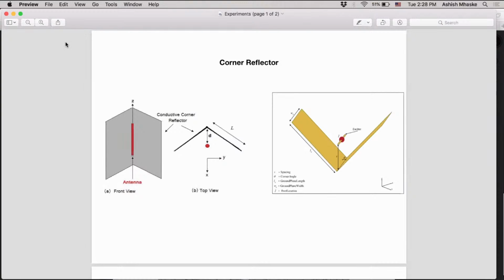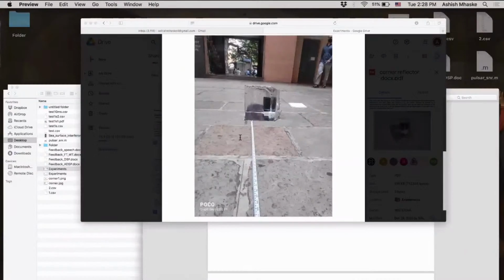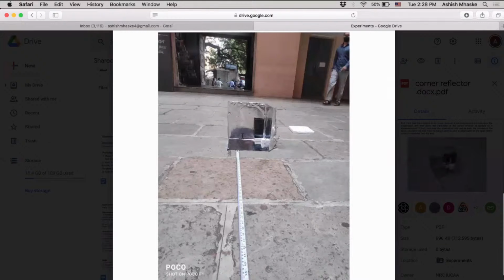Yeah, and as you mentioned, this is sort of a modification of the previous experiment. So you have to determine the difference that you see when you have just a plain reflector, and then you put a corner like this, and then you add a third reflector, and then you see what amount of boosting or gain in signal you get. That is one of the goals of the experiment.